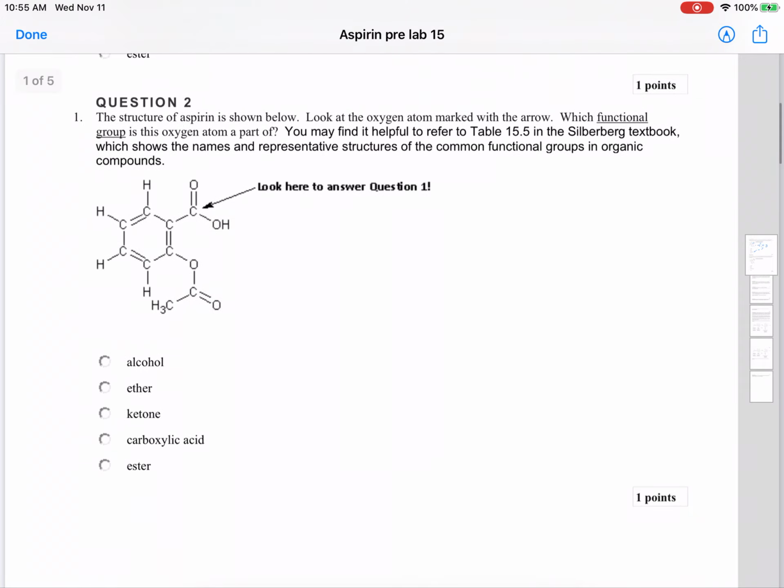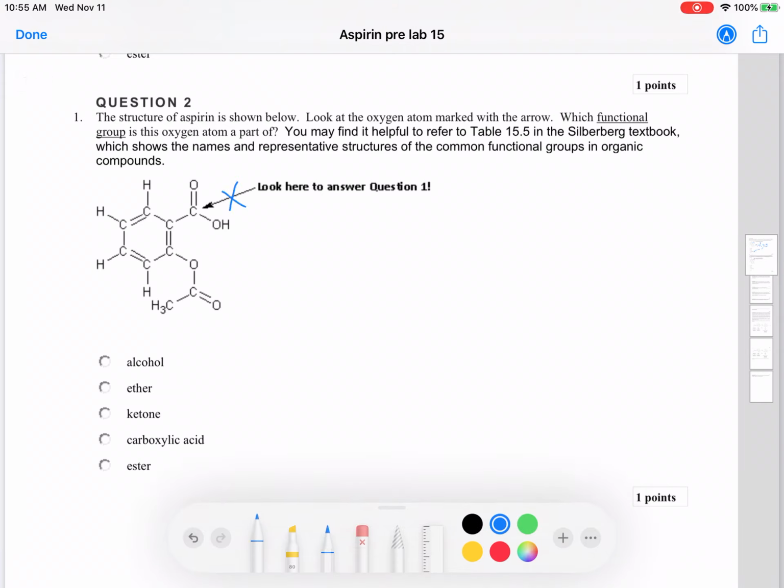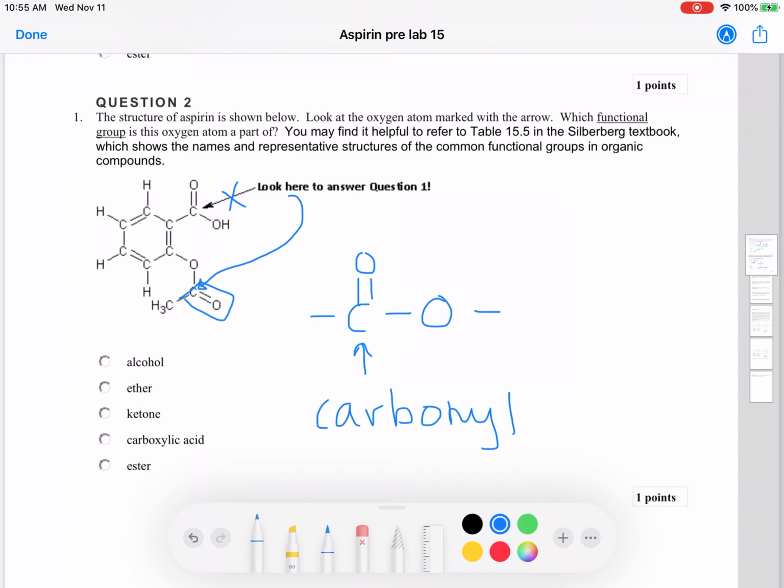And then the second one is asking, not this one, look here to answer question 2. Question 2 is asking what is the functional group that the carbonyl group and the oxygen atom are part of. So here you have a carbonyl group, which is this one, and then that is connected to an oxygen, and then here you have another methyl group, CH3 group, and this oxygen is connected to another carbon.